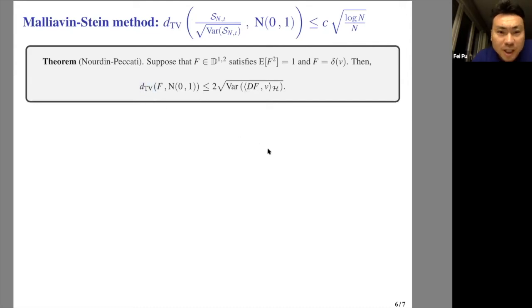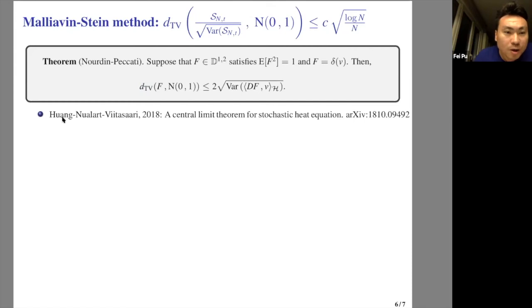Let me point out that Huang, Nualart, and Viitasaari were the first to use the Malliavin-Stein method to prove a central limit theorem for the stochastic heat equation. In their paper, the initial condition u_0 is equal to 1, and the solution is a stationary process.